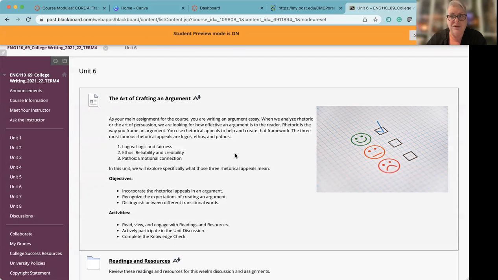which is also tied into the ethos or the ethical appeal. If a writer is being fair, and I won't use the term unbiased because all people are biased, but if a writer is being fair, he or she is not going to only supply you with the things that back their own position up.